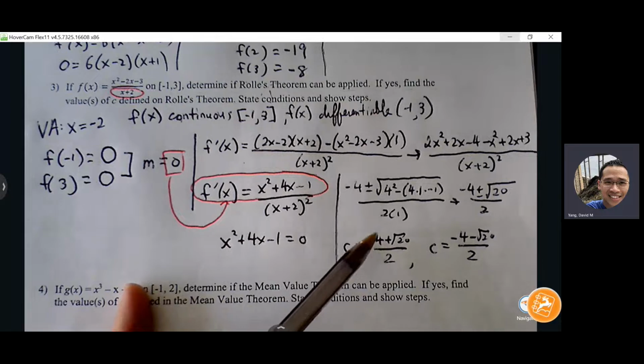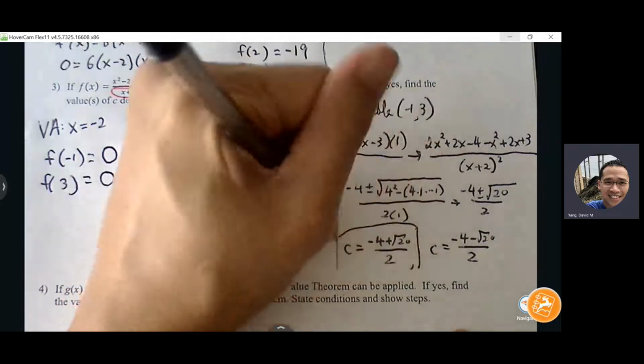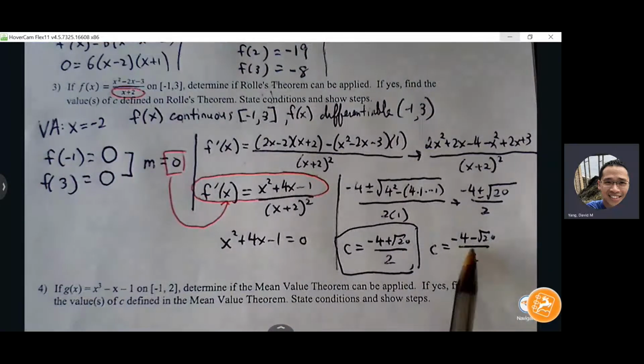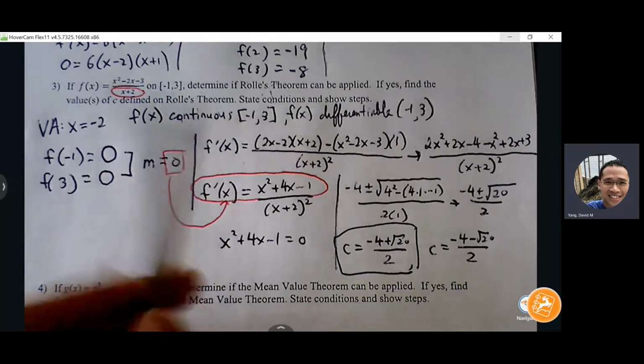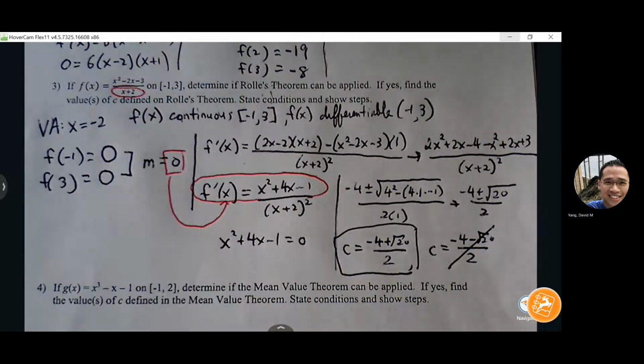So if I enter -4 plus root 20 over 2, that will give me a decimal value that is safely inside the interval. So I'm going to keep this one. But if I do -4 minus root 20 all over 2, that's going to be a negative value. That's going to be outside of my interval. Not going to use this one. So the quadratic formula is not going to be on the quiz tomorrow, but the process is still helpful, right? We understand how to move through this process.